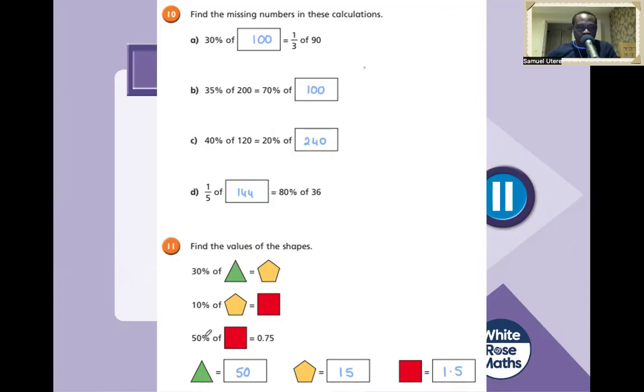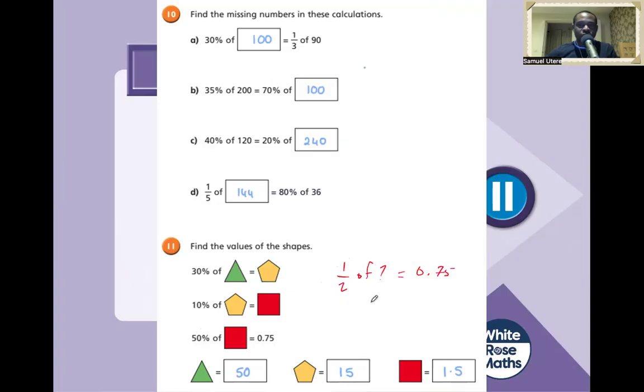We're told that 50% of this amount is equal to 0.75. This is a bit like, if you remember, doing fraction of amounts where we're finding the whole when we know the actual results. One way of thinking about it is 50% is half. So it's a bit like saying half of something we don't know is equal to 0.75.